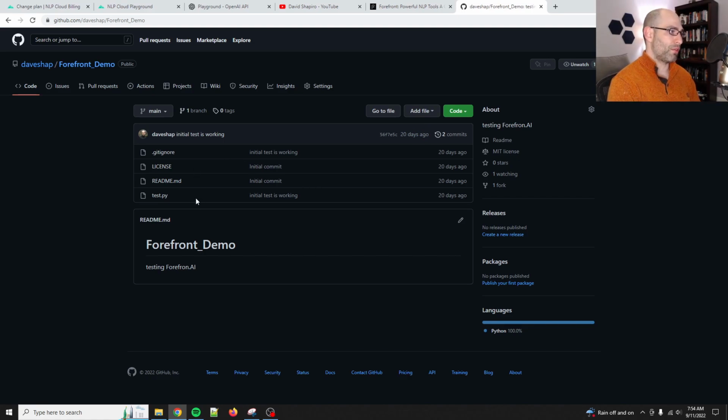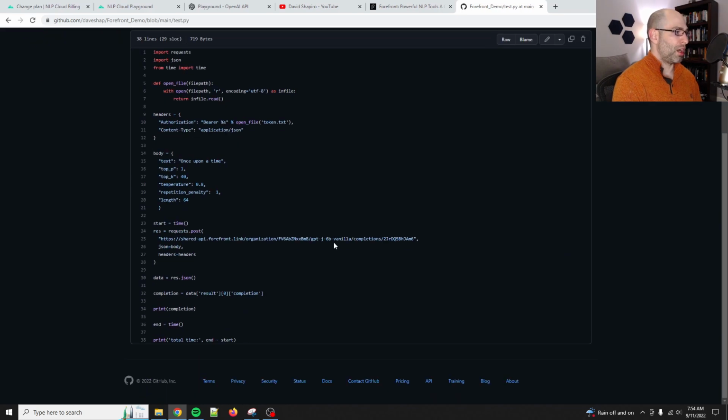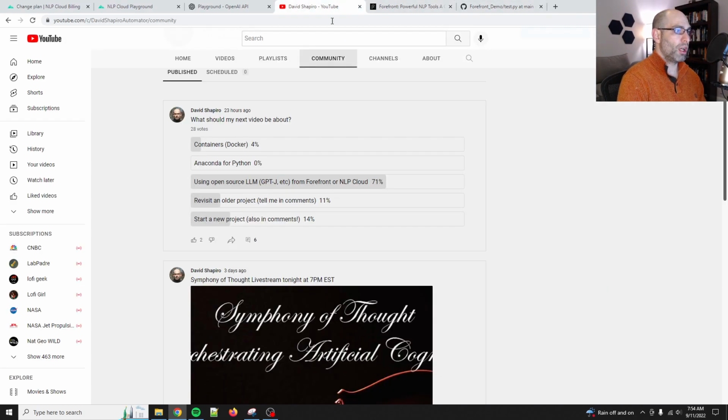I think it's a little bit more straightforward than OpenAI's API, by virtue of like you just send it this, and away it goes. So yeah, like JSON body, you just give it your settings and boom, you're done. Okay, so that's Forefront. This is here.